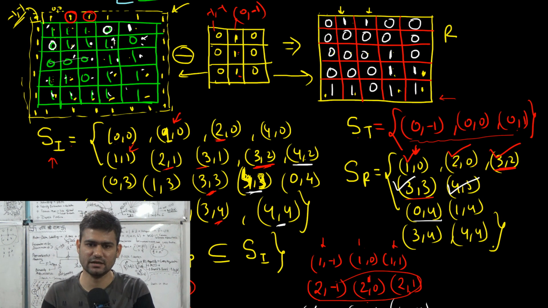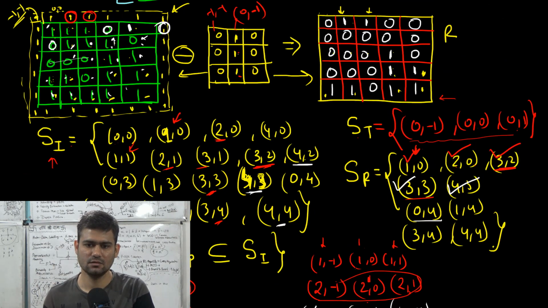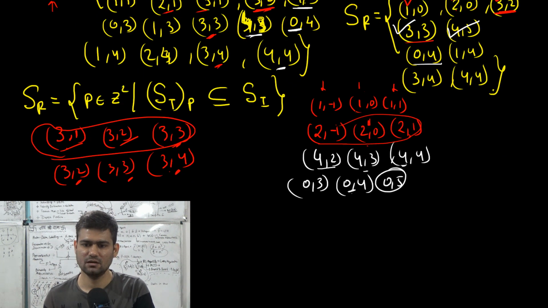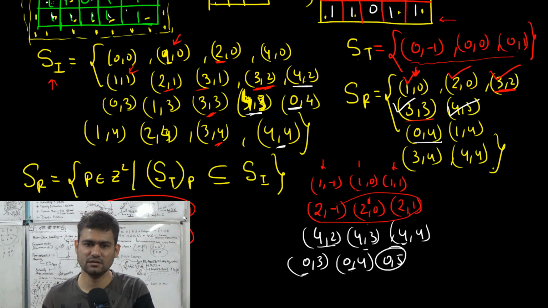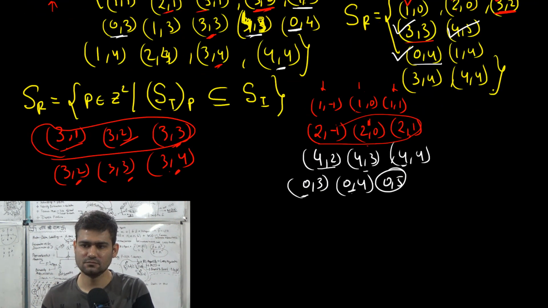So this is our coordinate (0, 5). So this checks out. Let's check for (0, 4). So (0, 4) is part of set SI. Now let's check for (0, 3). (0, 3) is present in set SI. So (0, 4) also checks out.